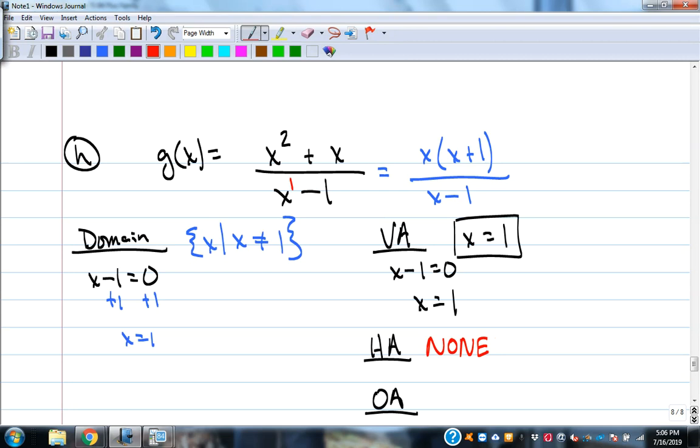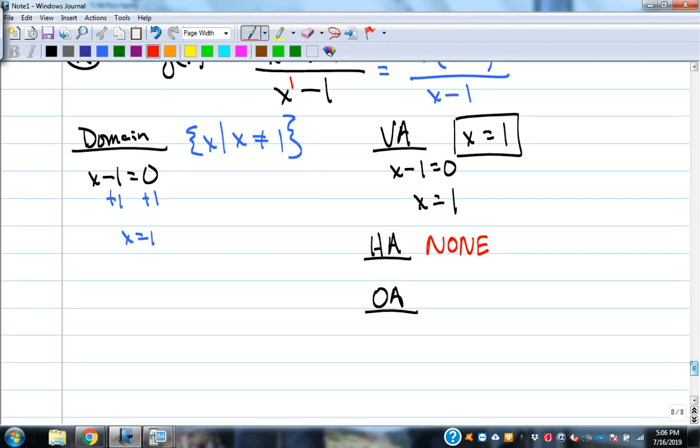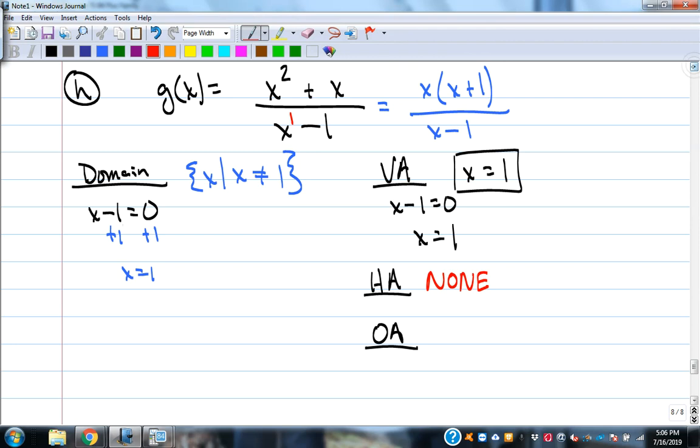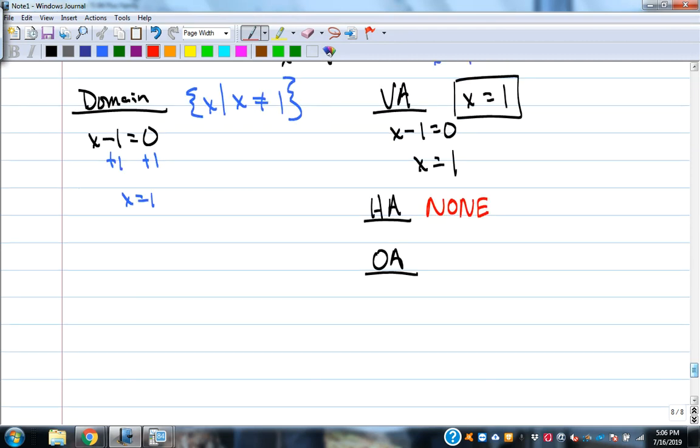Then we check to see how much bigger the top is than the bottom. If the top is one more than the bottom, then there's an oblique asymptote. 2 compared to 1, 2 is one more than 1. So that means we do have an oblique asymptote. The way we find it is we do long division.